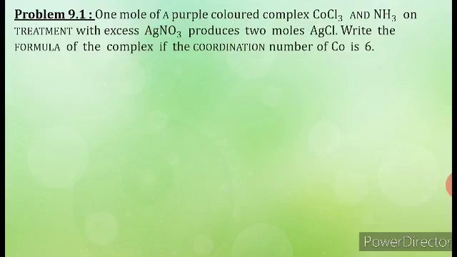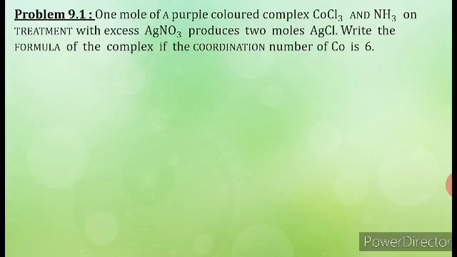If you represent it in terms of moles, out of 3 moles of chloride ion, only 2 moles of chloride ions are available to react with silver nitrate to produce silver chloride.